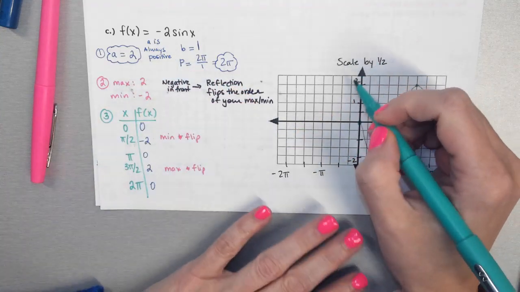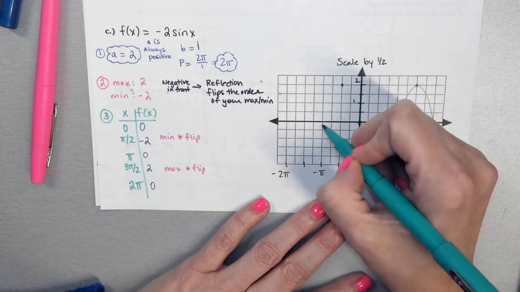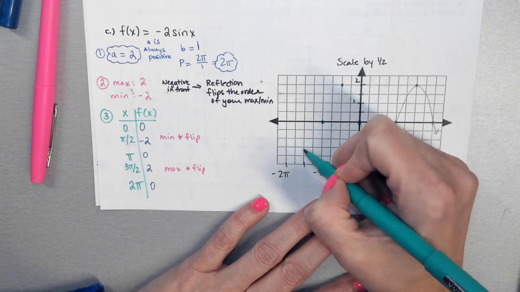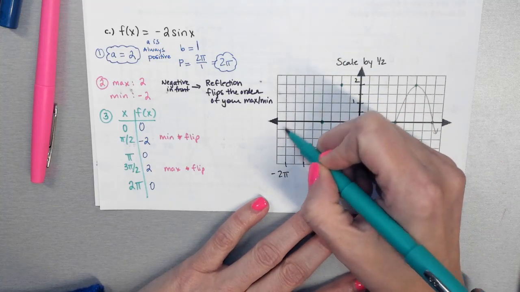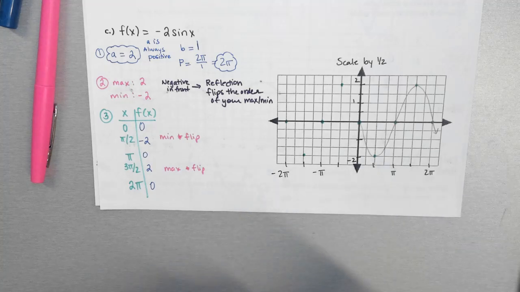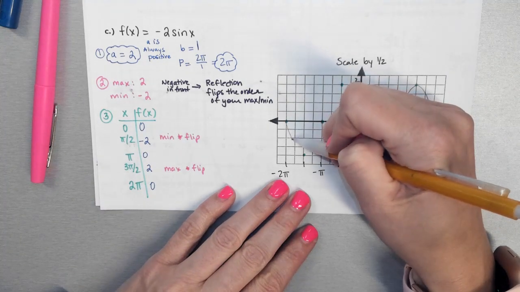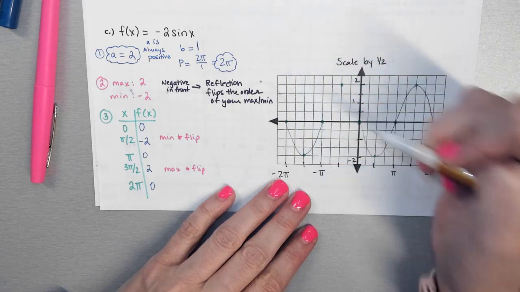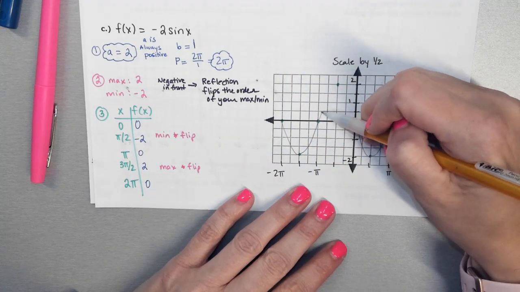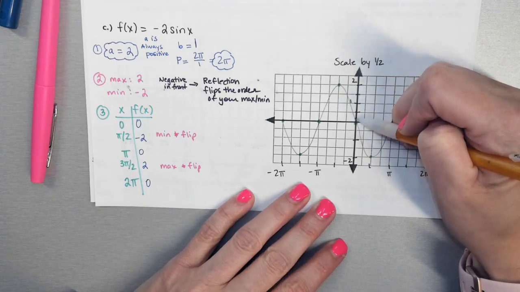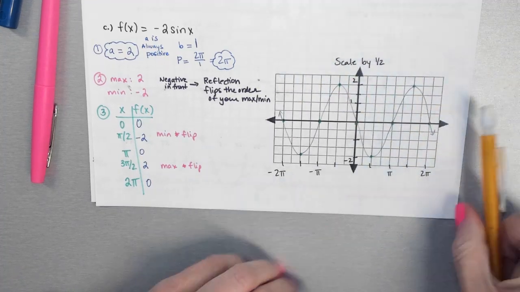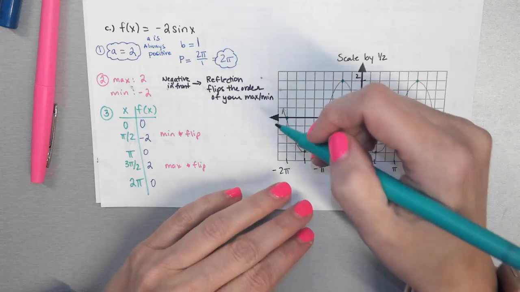So then we go up to the maximum, 2 to the intercept, 2 to the minimum, 2 to the intercept, and then again with the curves, see how I can connect these 3 together, and then I'm going to connect these 3 together, and that's going to help you get a nice little curve in there.